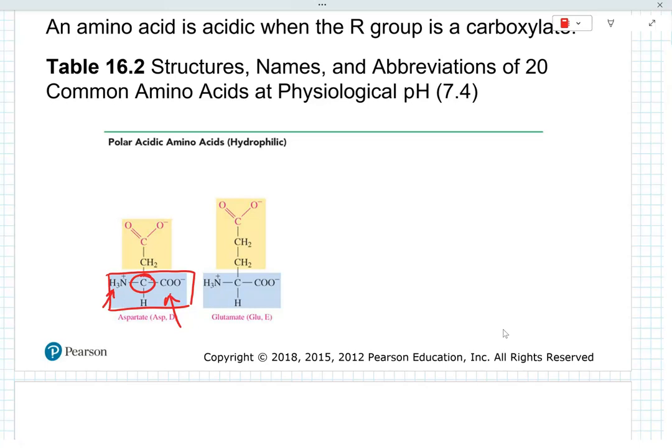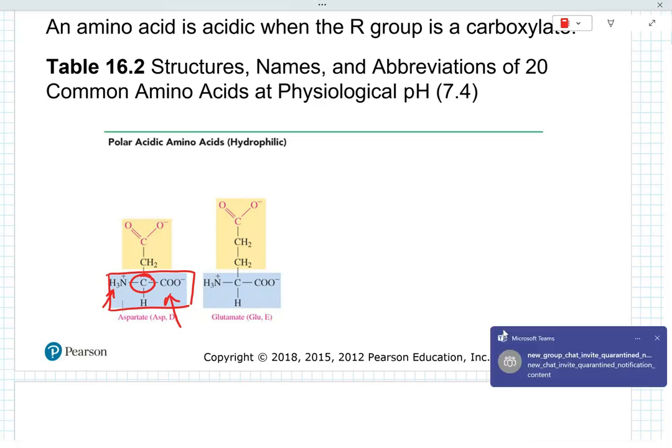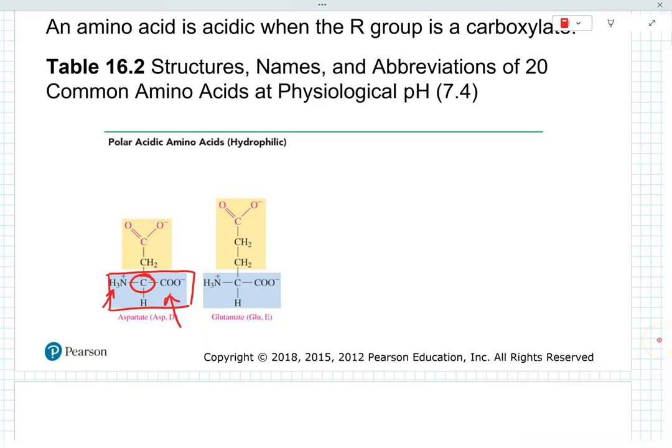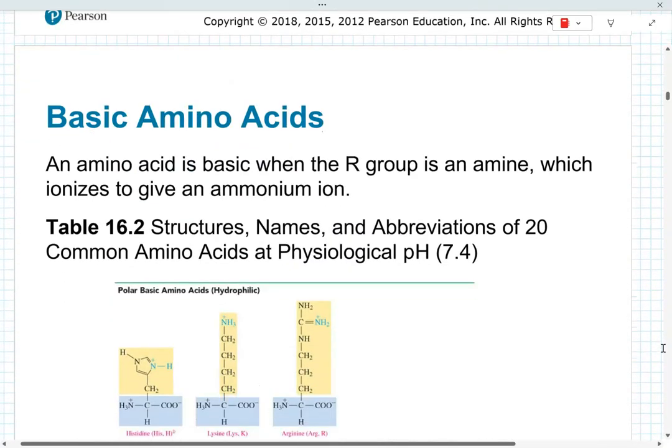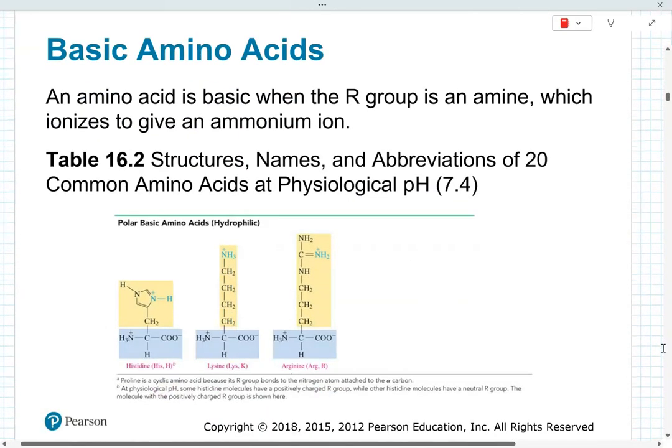So the CH2 would be the R group in this case. It's all R group. This entire thing is an R group. Does that make sense? Yes. Okay. Now, going into positively charged, it will probably help to explain more.